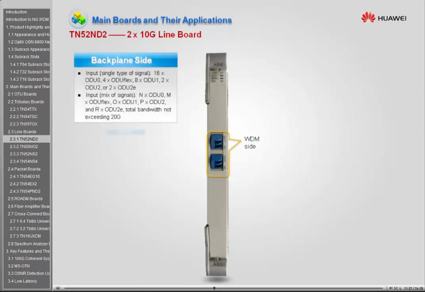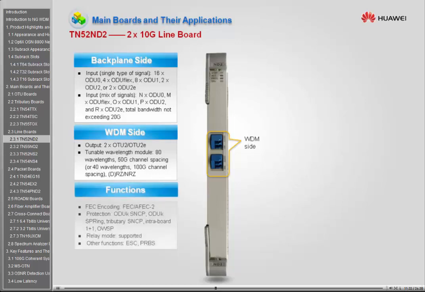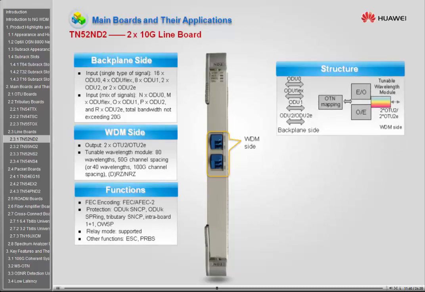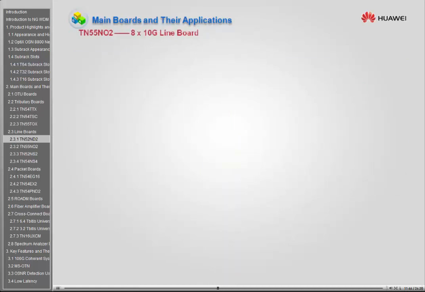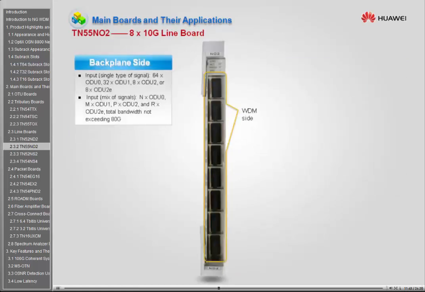This board supports backplane cross connections of multiple ODUK signals and produces 2 OTU2 or OTU2E signals on the WDM side. The second is the TN55NO2 board, which is an 8-port 10G line service processing board.